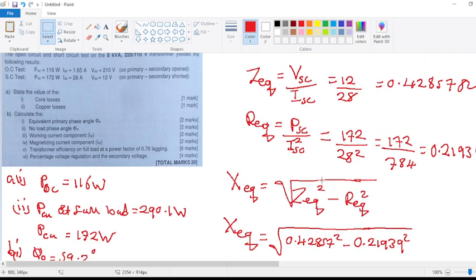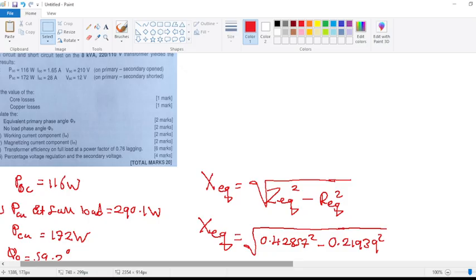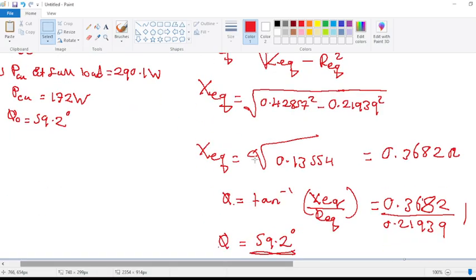So what I'll do is, let me just try to copy this and cut, take them down here because we need them.